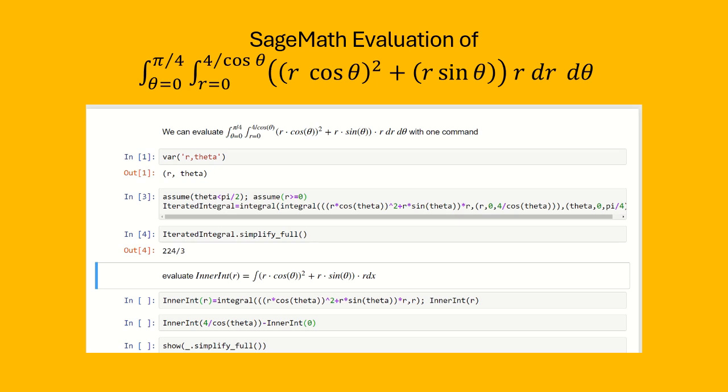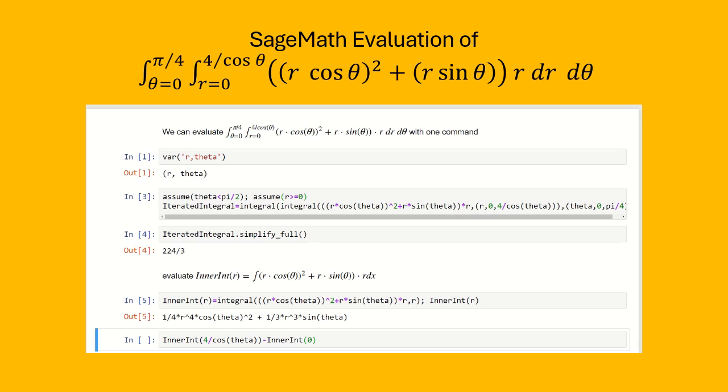So we'll start with the evaluation of the inner integral, and we did it right here. Inner integral of r is the integral of all of that stuff integrated with respect to r, and then we show the value of it, which turns out to be 1/4 r to the 4th cosine theta squared plus 1/3 r cubed times sine of theta.